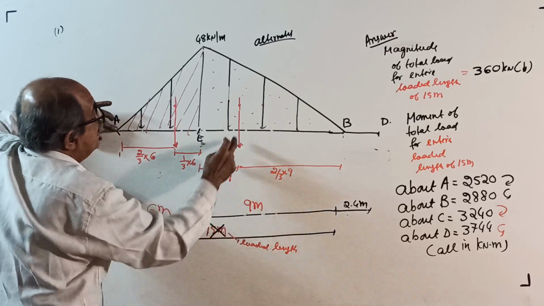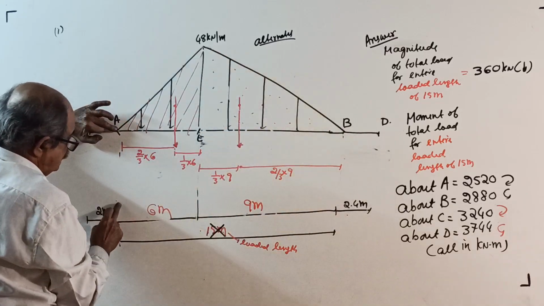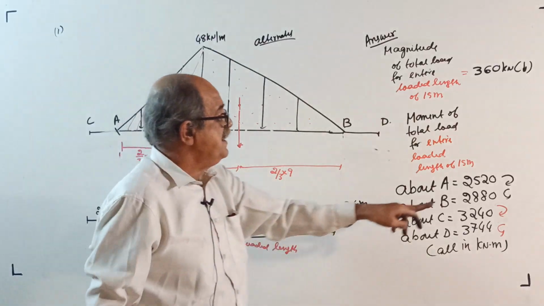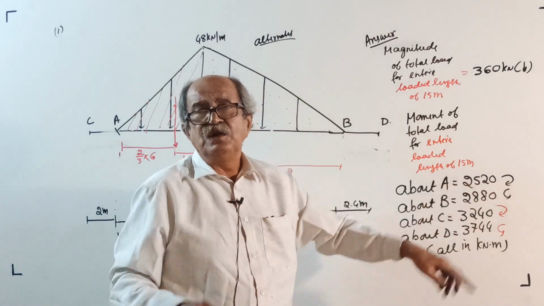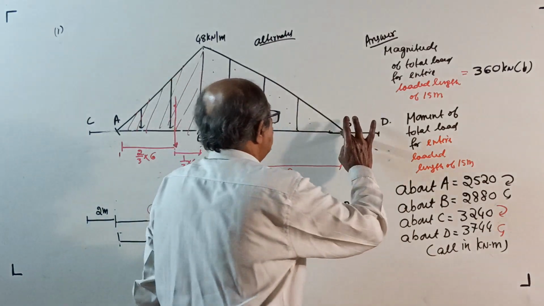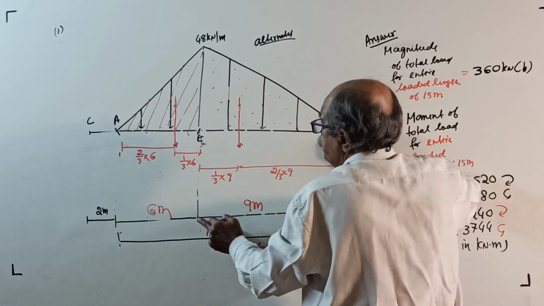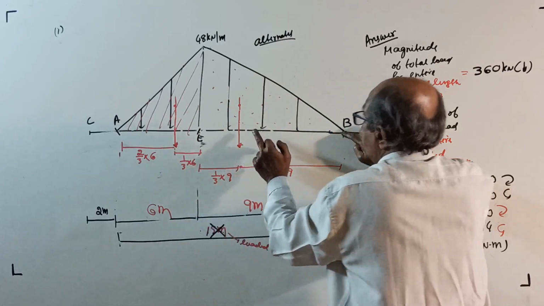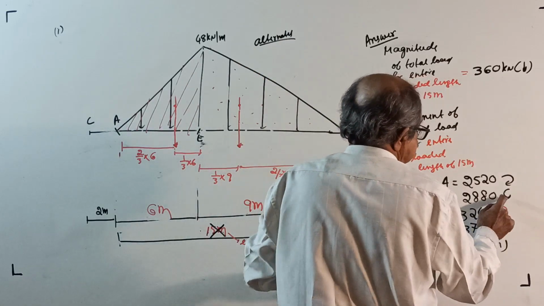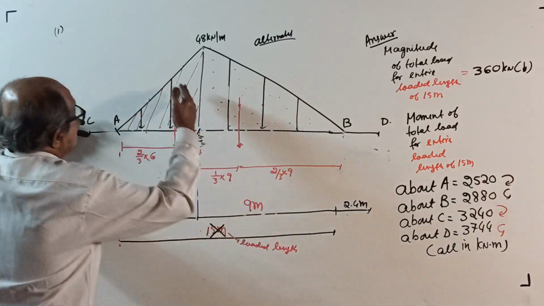This load, half into 9 into 48 into 6 plus 1/3 of 9, both are clockwise. Add it, my guarantee it will come the same answer as last time. Answer cannot change. Moment about B: this load into 9 plus 1/3 of 6, plus this load into 2/3 of 9. Both are anti-clockwise.